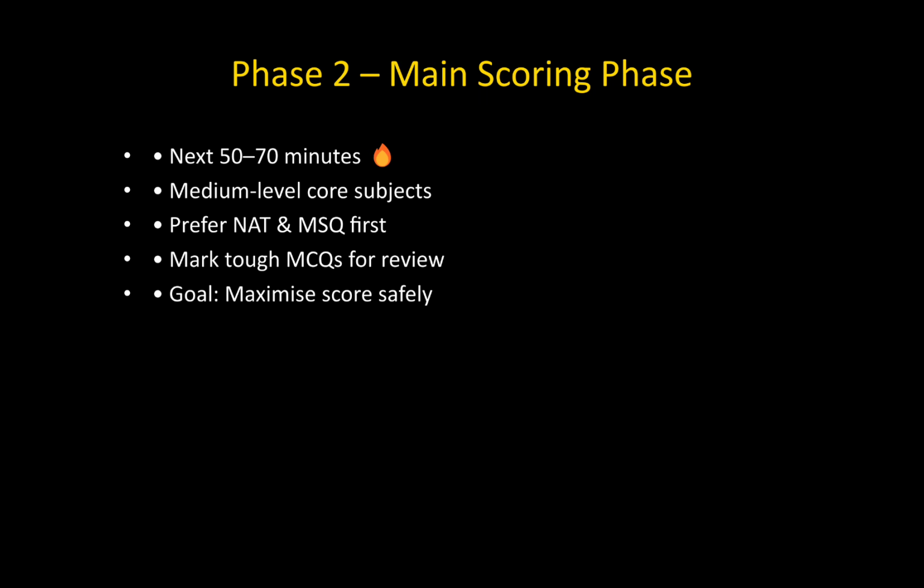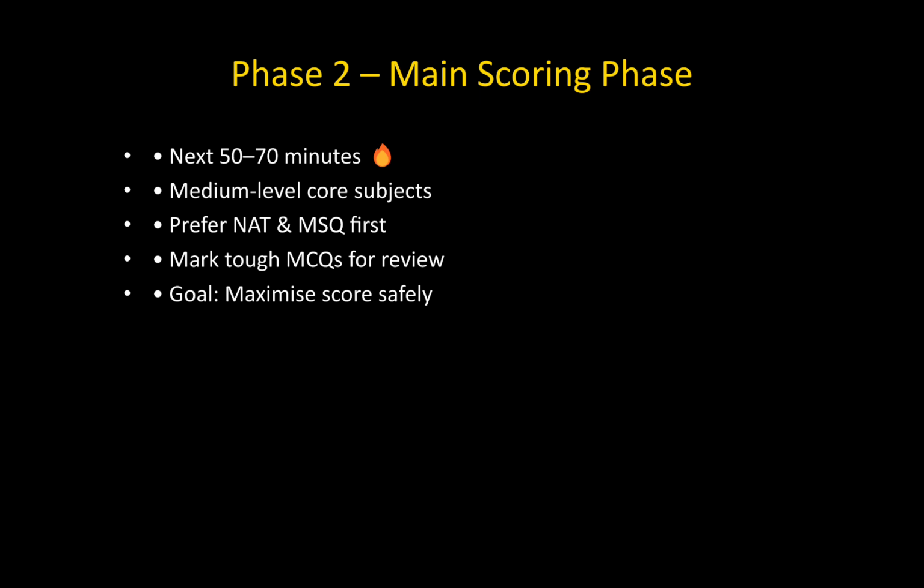Fine. Now in my phase 2, which according to me was the main scoring phase, I used to give 50 to 70 minutes based upon the nature of questions and difficulty level. In this phase, I used to target medium level questions of core subjects, since in phase 1, I had already completed my aptitude questions and easy questions of core subjects.